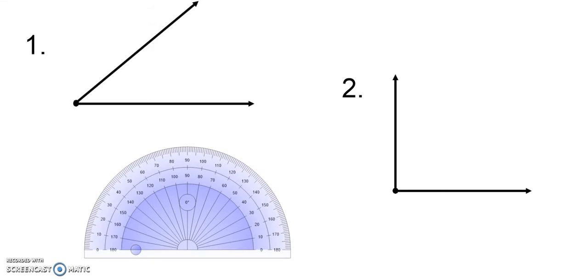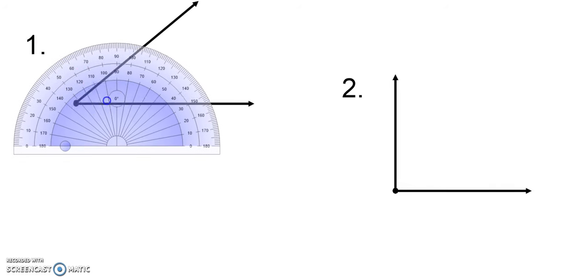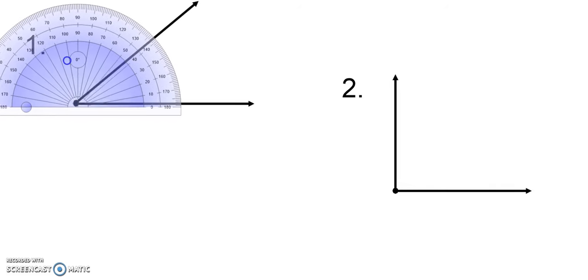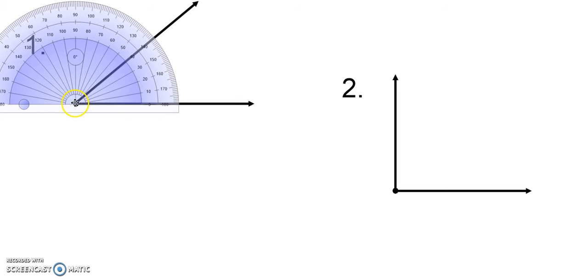So let's do a couple practice problems. Here we have angle 1. If I take my protractor, we want to always line our protractor up with the cross section right at your vertex, and make sure that the line corresponding with 0 degrees is lined up perfectly with one of your rays.